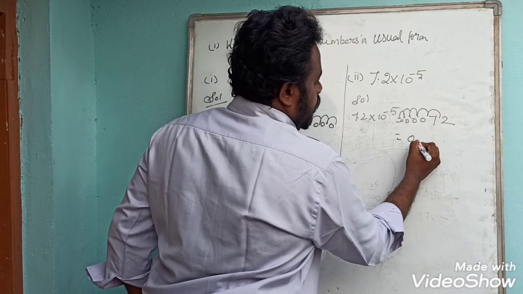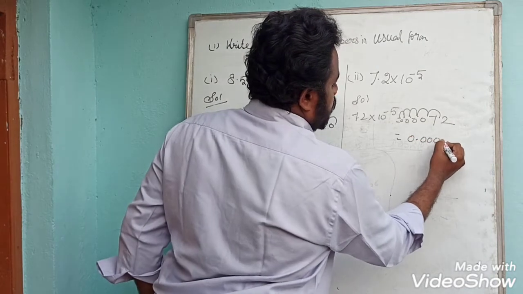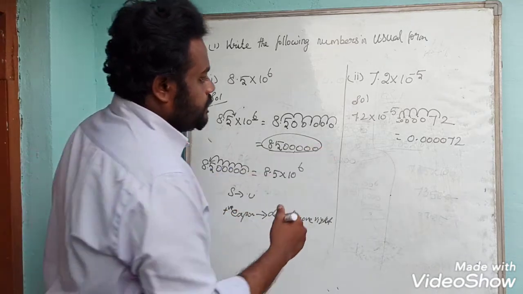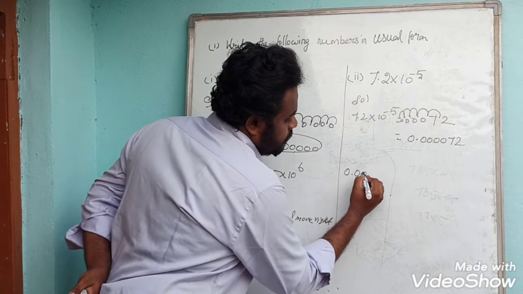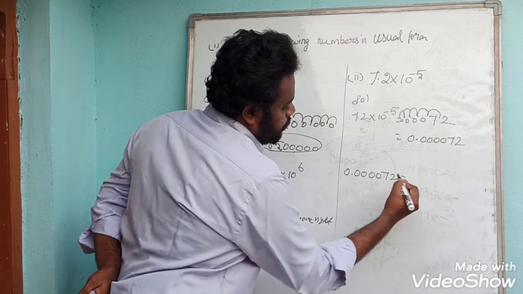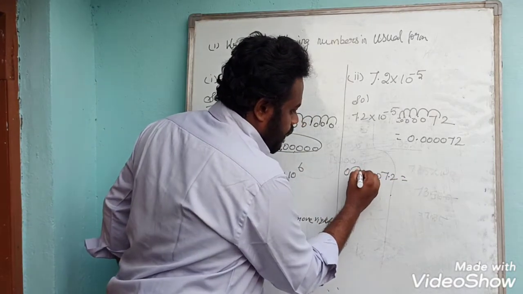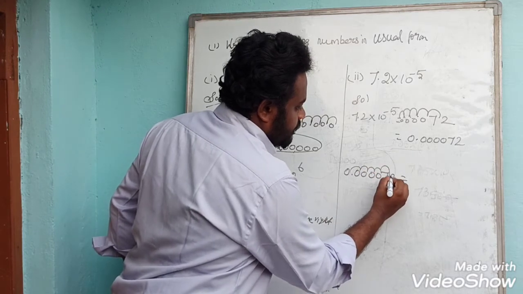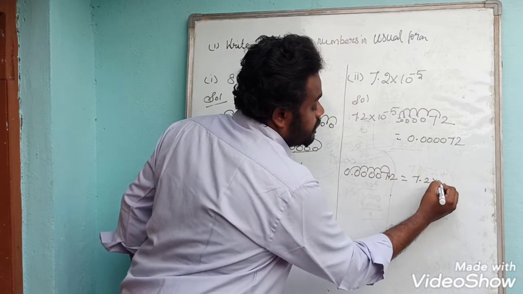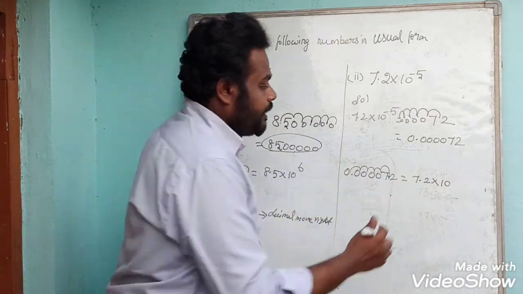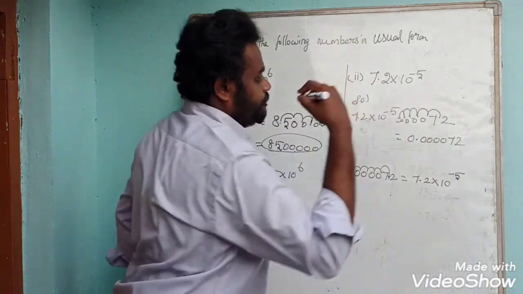The value is 0.000072. Now you check 0.000072. We have to place the decimal point here: 1, 2, 3, 4, 5 steps. So 7.2 into 10 to the power of, since the decimal point moves right, we get minus 5.